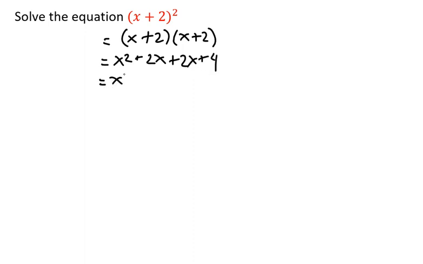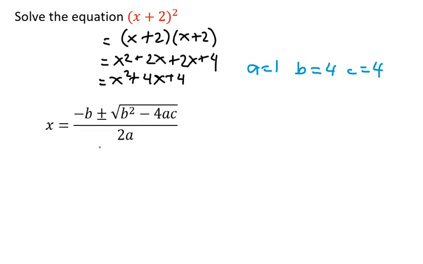So, x square. Then, 2x plus 2x, yan ay 4x. And plus 4. Yan ay standard form na. So, ano na yung a natin dito? So, a natin is 1, b is 4, at c is 4 din.